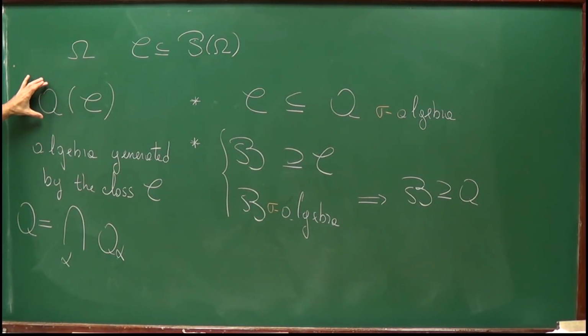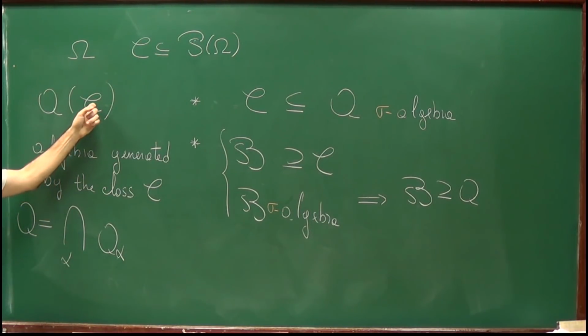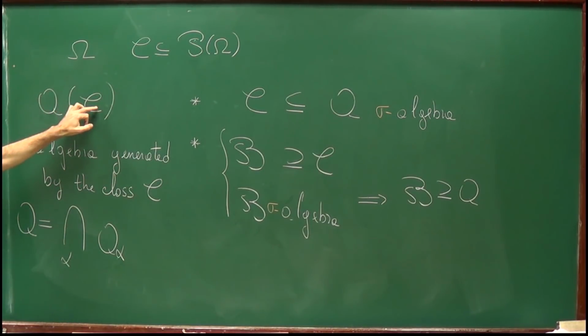So we can also speak of the sigma-algebra generated by a class of sets C. Again, observe that we didn't make any assumption on this class C. So these concepts will appear systematically. I will be systematically talking about the algebra generated by a class C or the sigma-algebra generated by a class C.